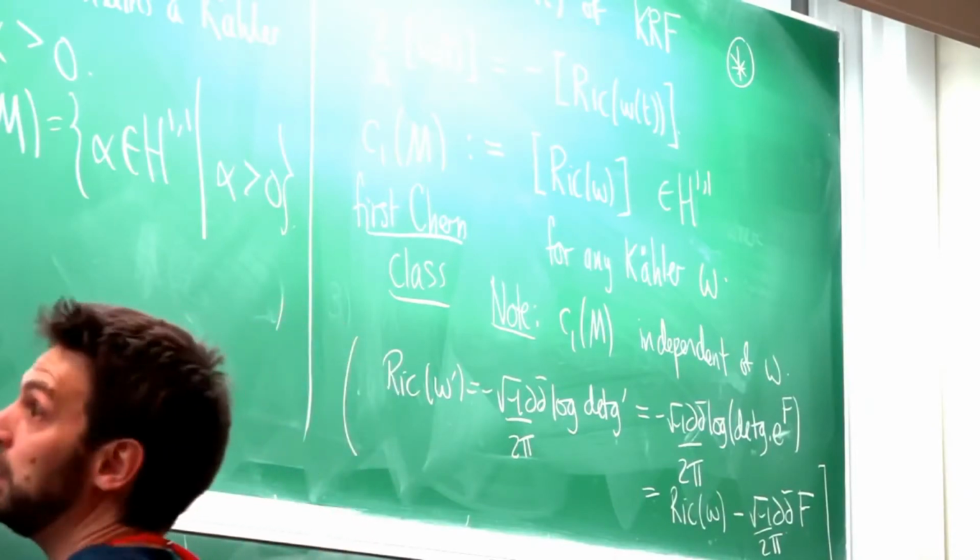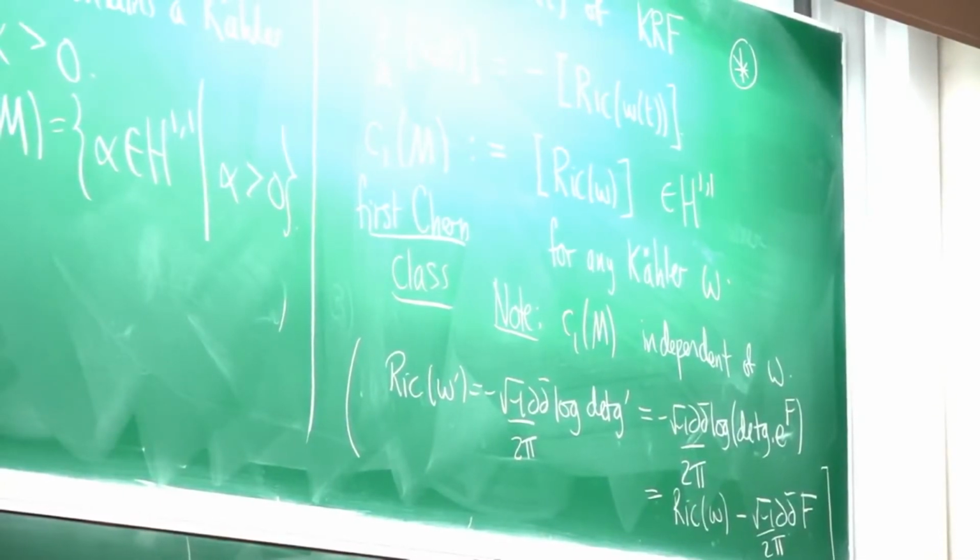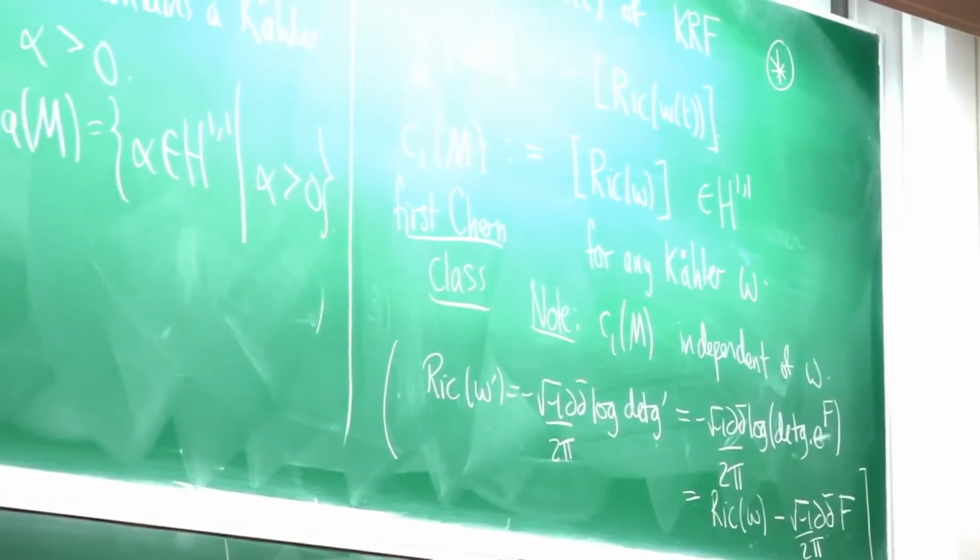Okay, where am I going? Maybe I'll go over here. Right. So maybe I'll push this one up. So what we see is that the Kähler-Ricci flow moves in a certain direction.